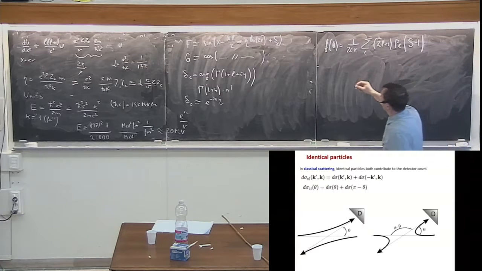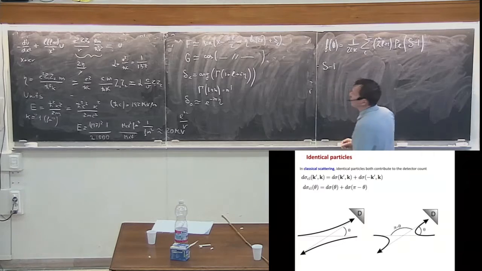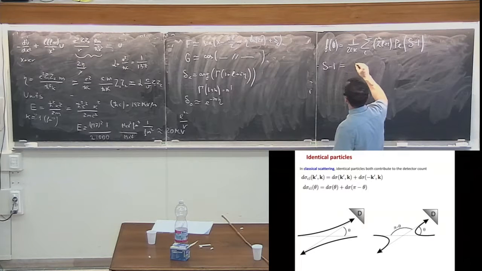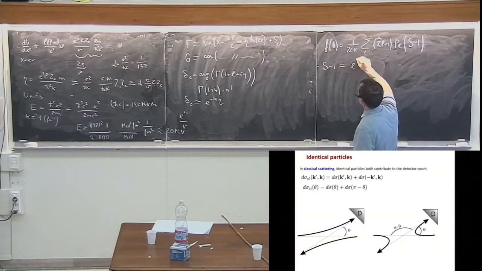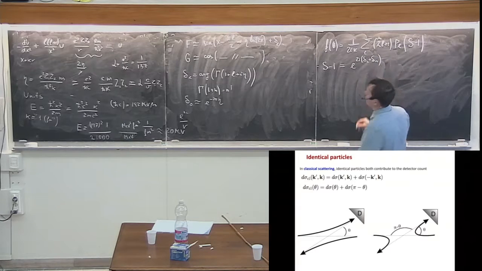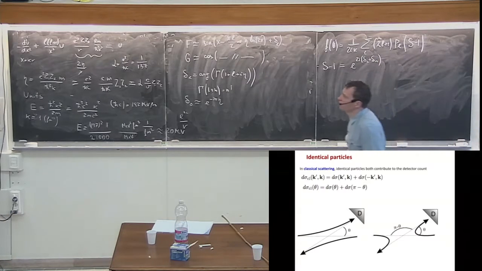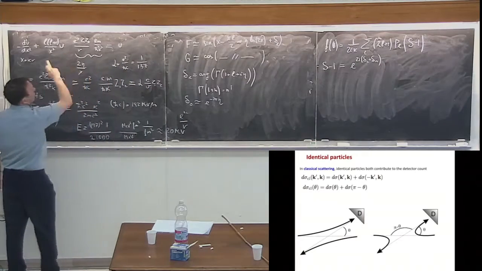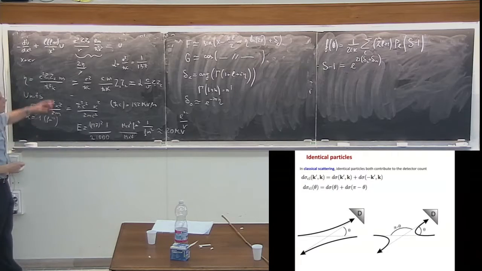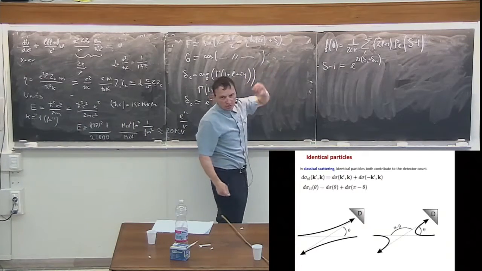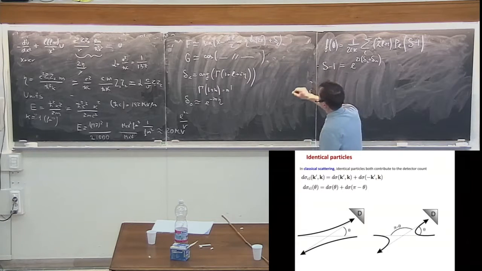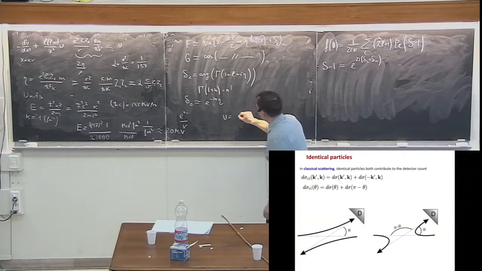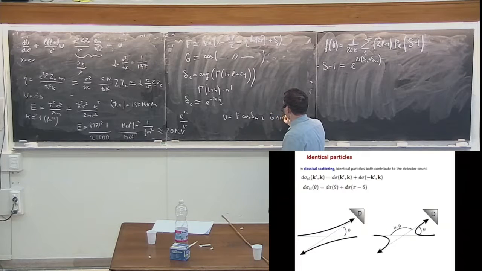So this S minus 1, in the case of a Coulomb problem, you will evaluate this, and the S matrix is e to the 2i, and here you have delta Coulomb plus delta nuclear. If you have an additional potential, and in this case I didn't write any additional interaction, then this potential will lead to an extra phase shift, which you will evaluate, because you will evaluate U in the form of F cosine delta nuclear plus G sine delta nuclear, right?